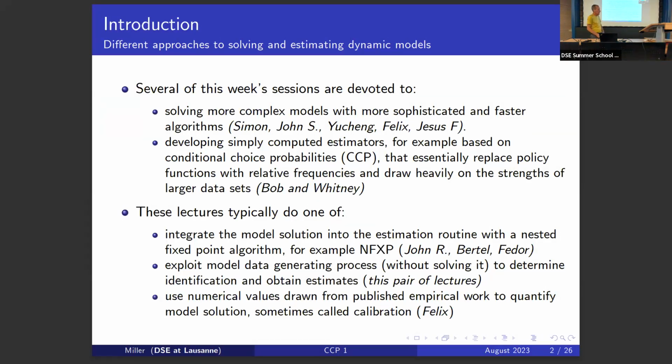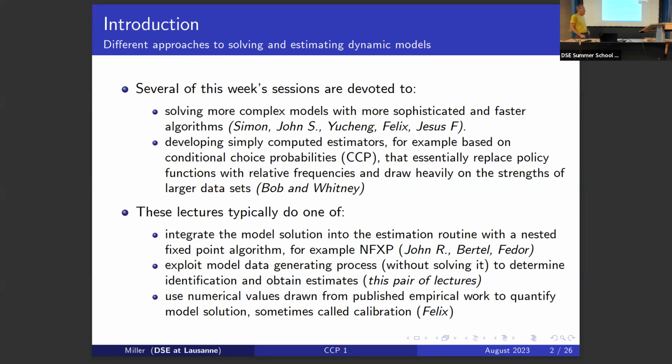So, as Simon has mentioned, several of this week's sessions have been devoted to solving more complex models and thinking about faster algorithms to solve them.